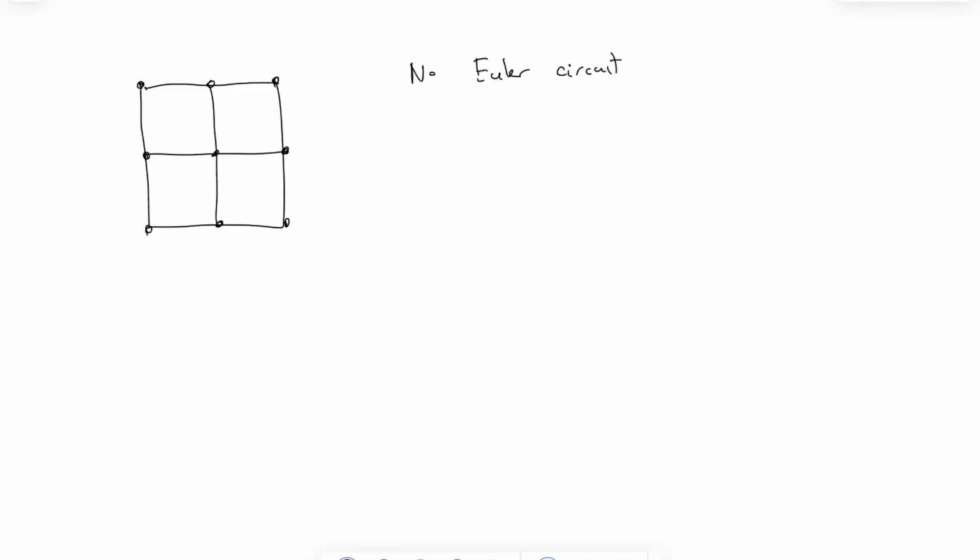It's because this has some odd degree vertices. That's the thing which you want to look for when you're talking about Euler circuits. So there's no Euler circuit here since there are some odd degree vertices. Like if I write in the degrees, these guys here are all 3.